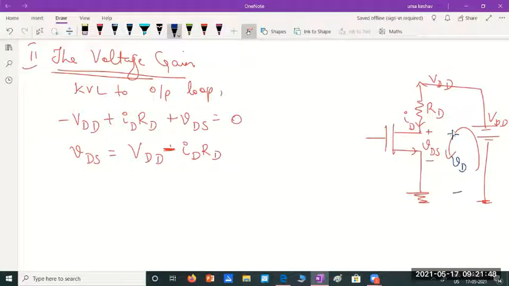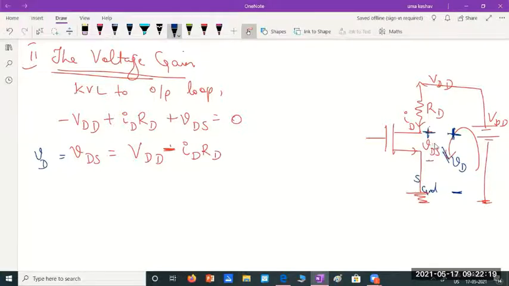VD represents the voltage from the drain terminal to the ground, and VDS represents the voltage between drain and source. The source is grounded here. So can I say VDS is equal to VD in this circuit? Yes or no? The drain voltage is the same as the drain source voltage in this circuit because the source is grounded.